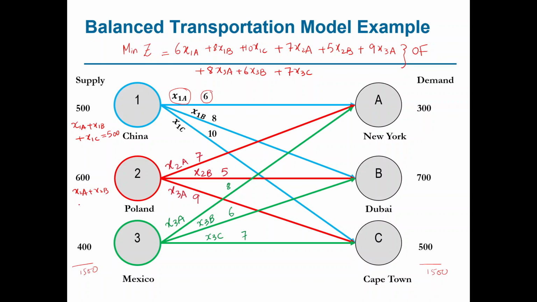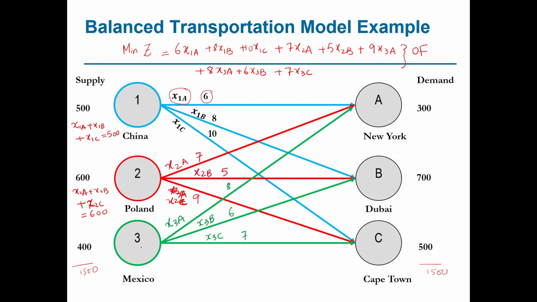x2c. I just noticed that there is a mistake here. This is not 3a, this is x2c, sorry. This is x2c, and this is equal to 600.